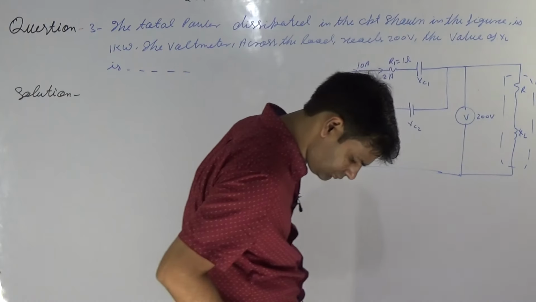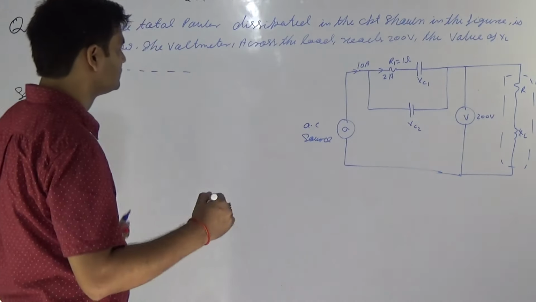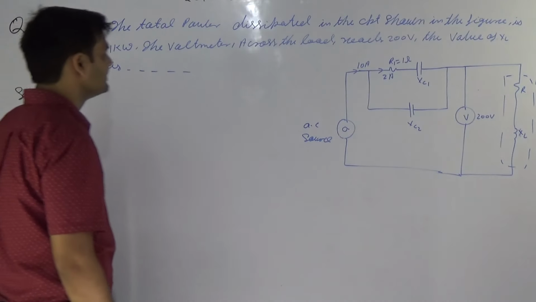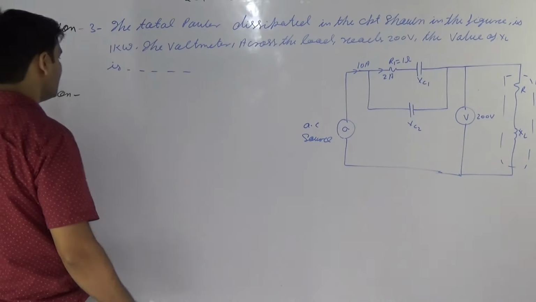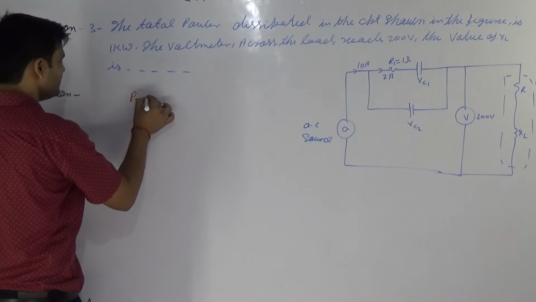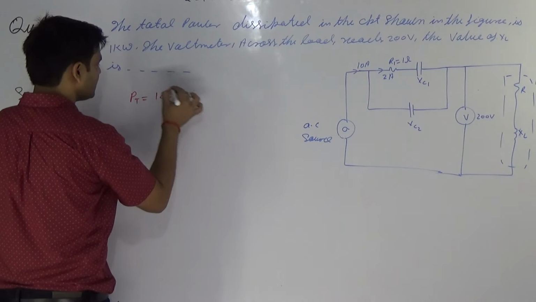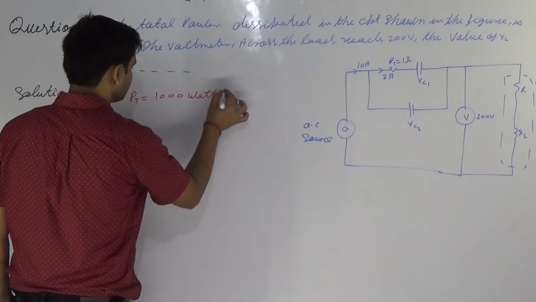Now, total power dissipated in the circuit is 1 kilowatt. P total is 1 kilowatt, meaning 1000 watts.